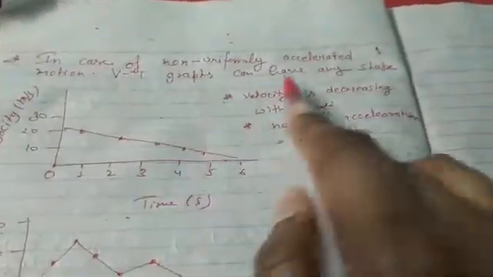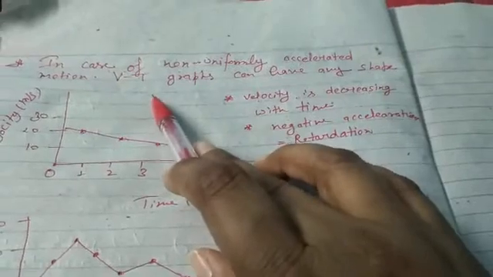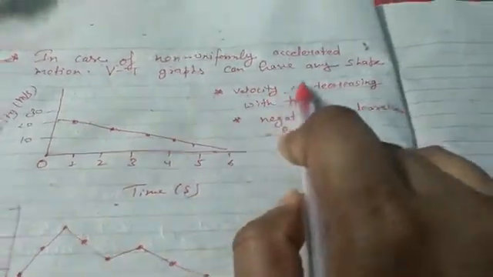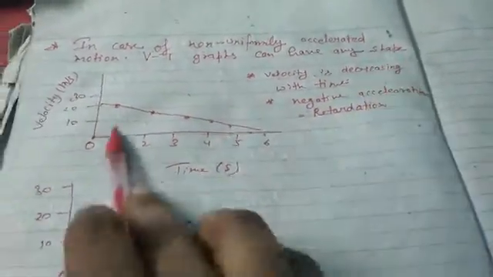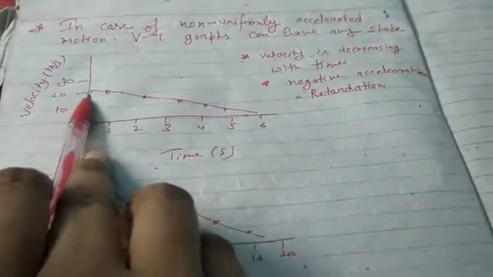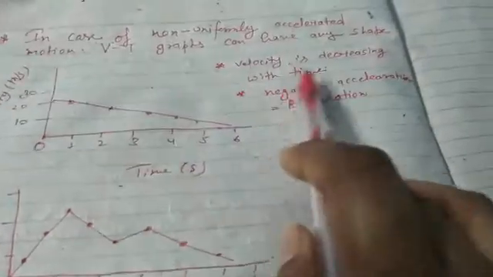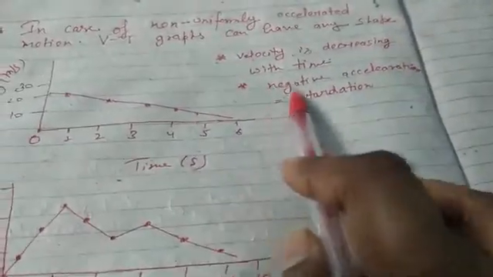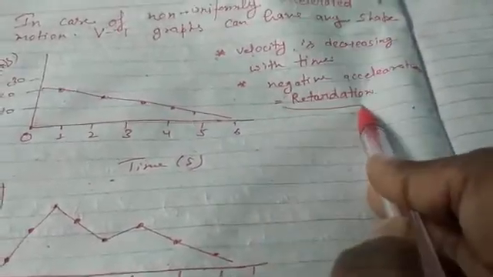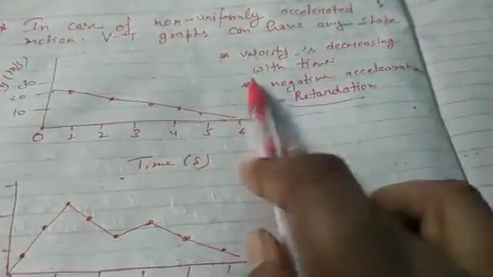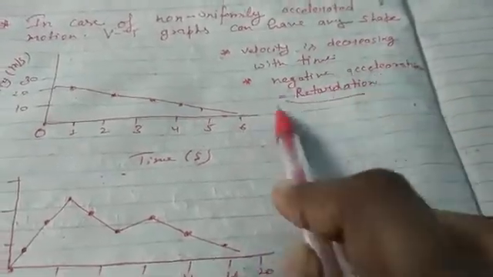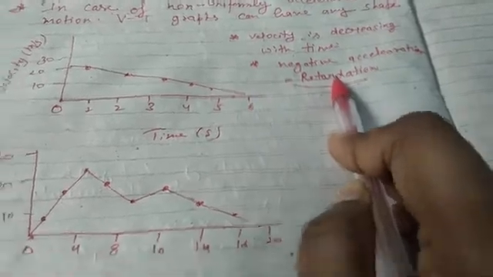In the case of non-uniform acceleration motion, the velocity time graph can have any shape. Okay, now here you can see that the velocity is decreasing. So this graph shows negative acceleration, and negative acceleration is also called retardation. Velocity is decreasing with time.